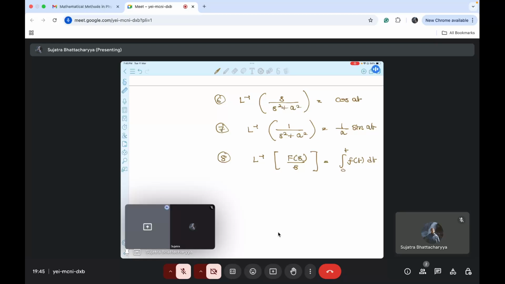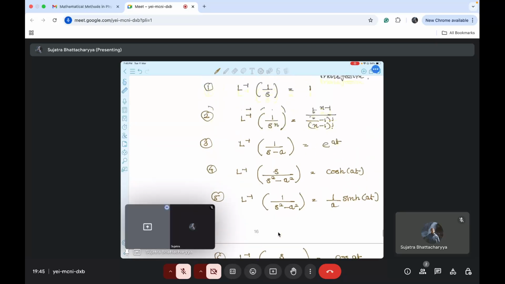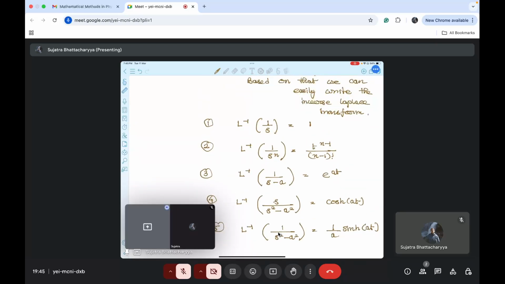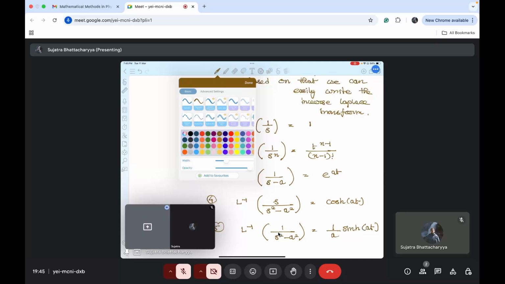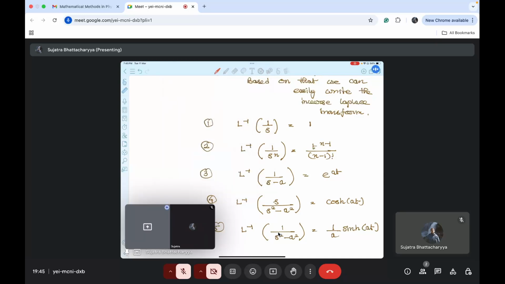All right. So these are the eight properties, or the eight list of the inverse Laplace transform, which we can directly write. So how is it coming? From where is it coming? The first one is coming from Laplace transform of 1 is nothing but 1 by s.